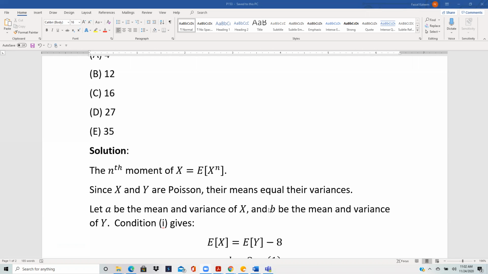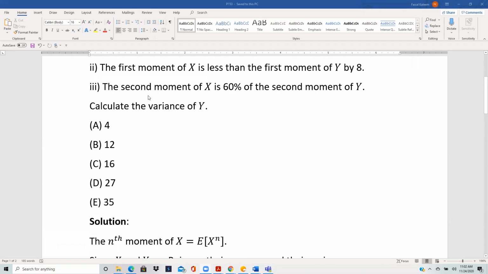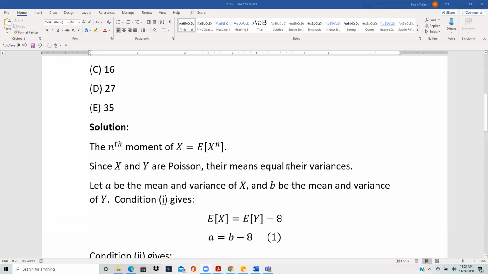Condition 1 says that the first moment of X is less than the first moment of Y by 8. So that means E of X is equal to E of Y minus 8, because that would make E of X less than E of Y by 8.